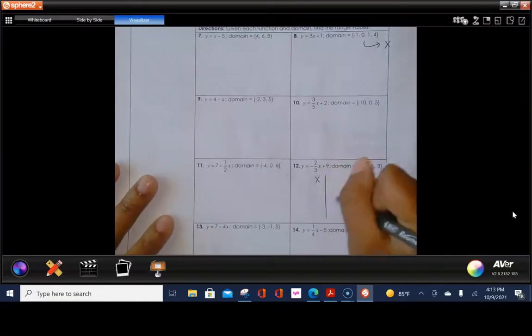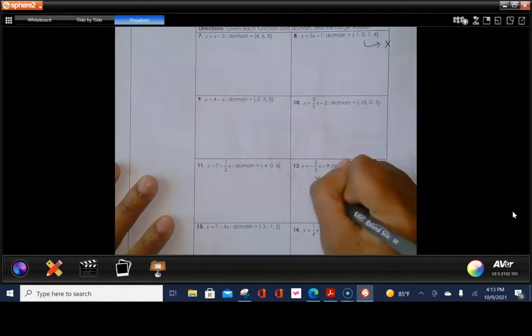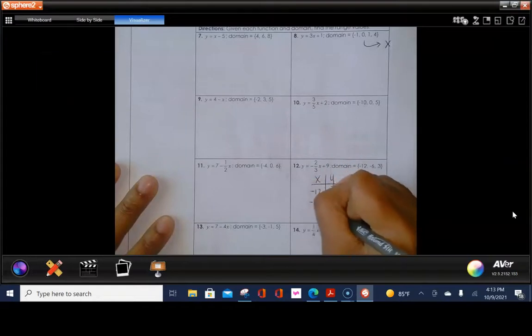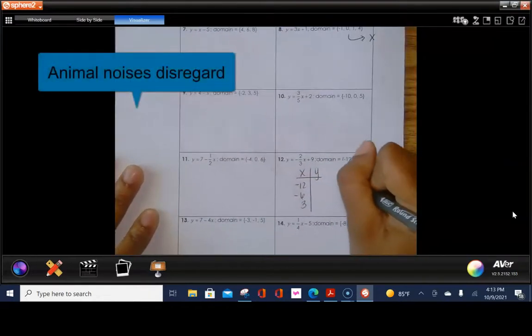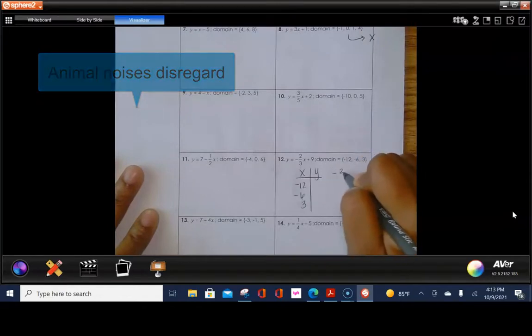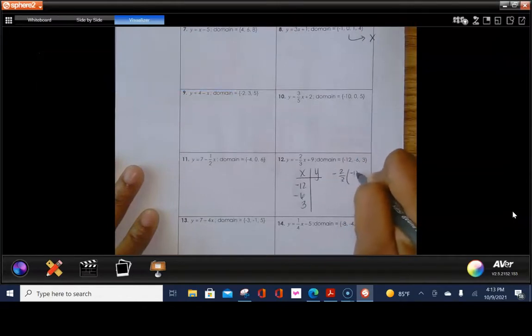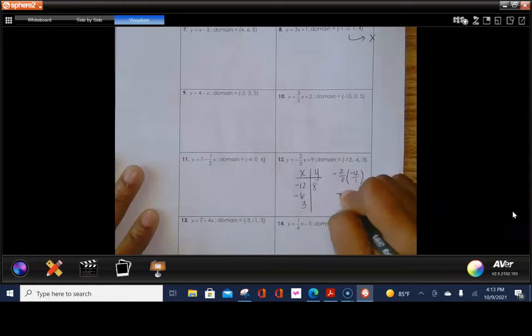So I would make a t-table, and I got negative 12, negative 6, and 3. And then carefully on the side for my scratch work, I would say negative 2/3 times negative 12 over 1. And this is 24 over 3. 24 over 3 is positive 8. Negative 2/3.